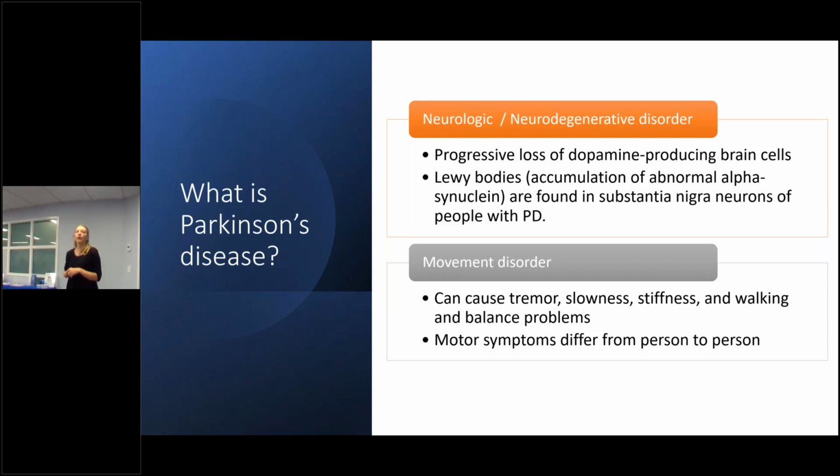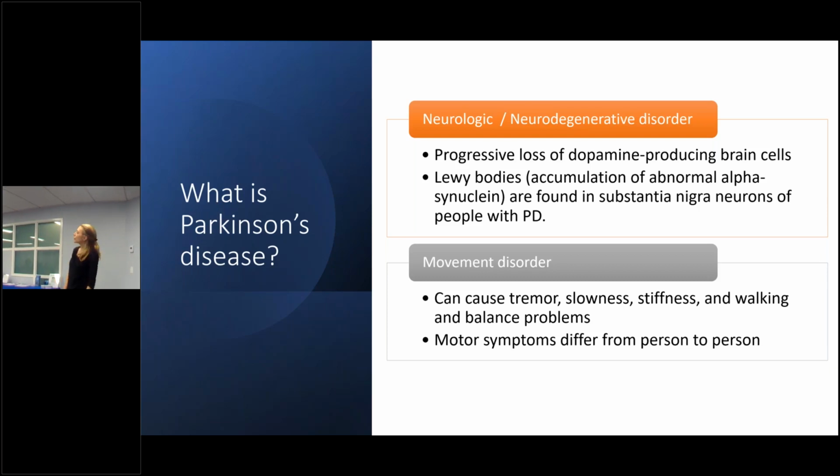Okay. Parkinson's disease is also diagnosed based on what you see as a movement disorder. And that's why this doesn't require an autopsy to diagnose. We don't need to go in there and measure the levels of dopamine in your brain, because that's not easy to do, right? But we can actually pick up on signs of a person's movement.